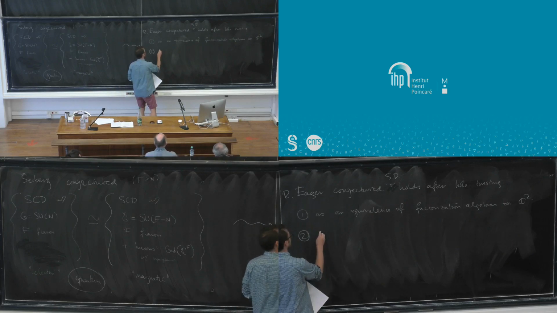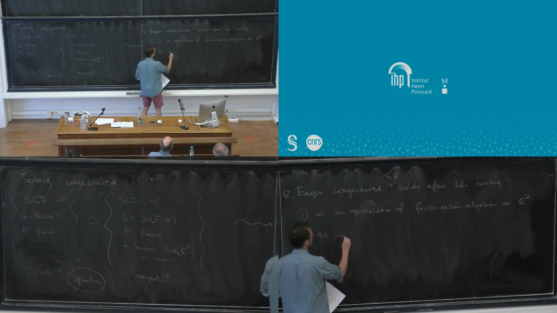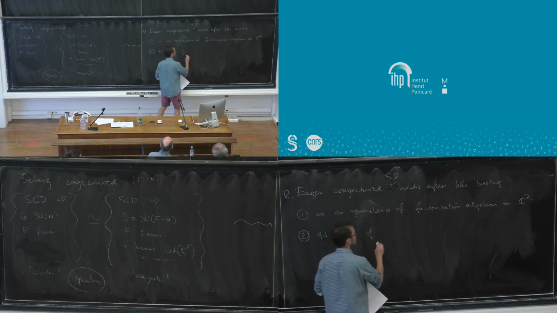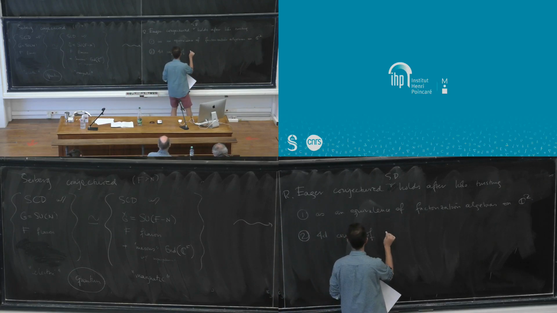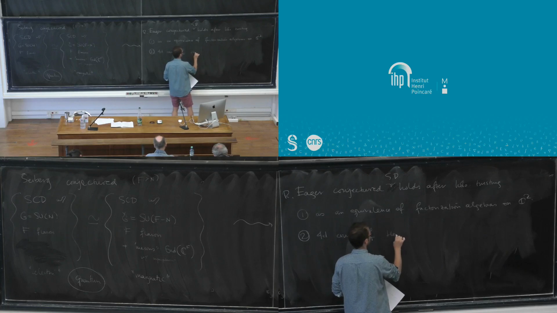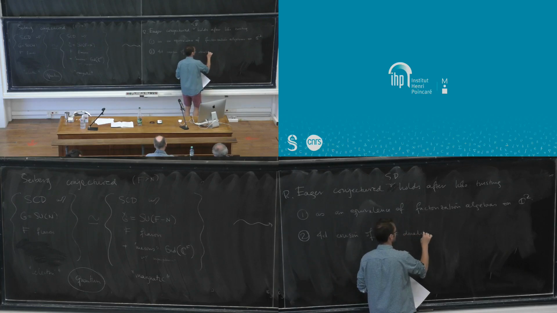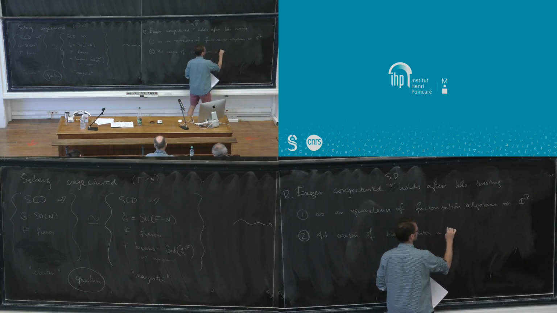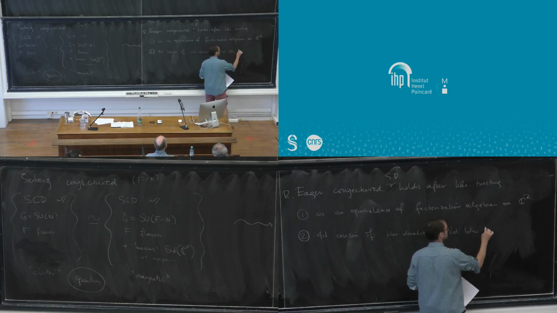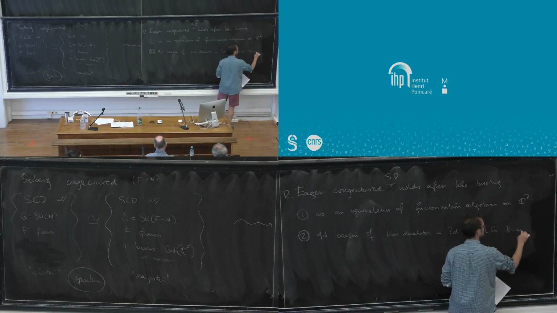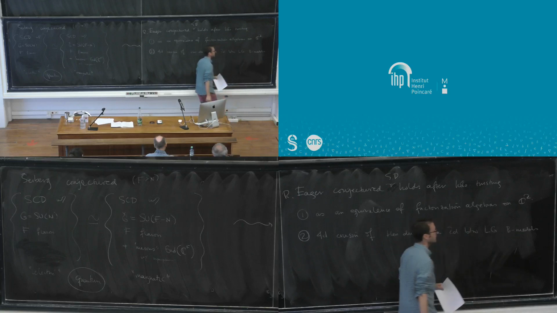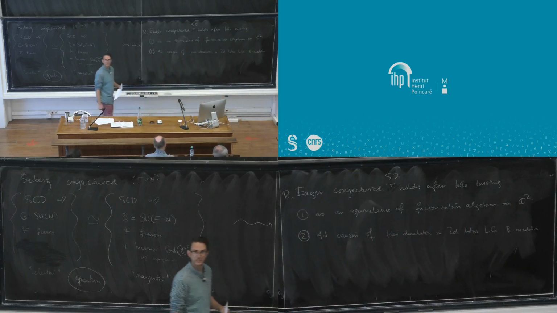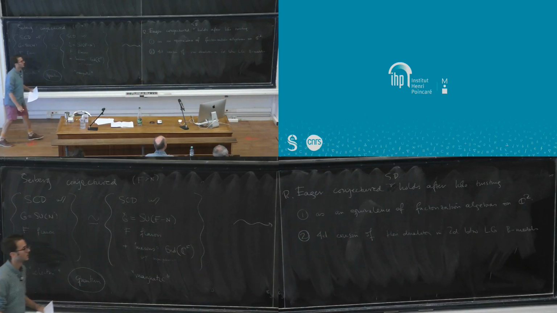I should also say that this is a 4D cousin of some dualities people have studied in 2D, the Hori dualities in 2D between some Landau-Ginzburg B models. So in algebraic geometry, this is about things like homological projective duality. It's a really active area.